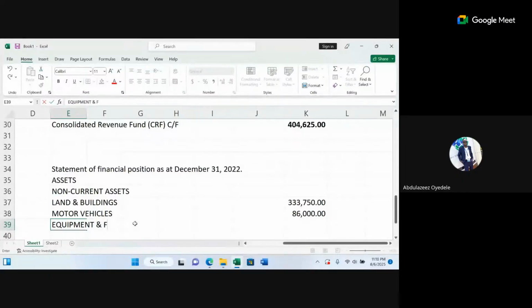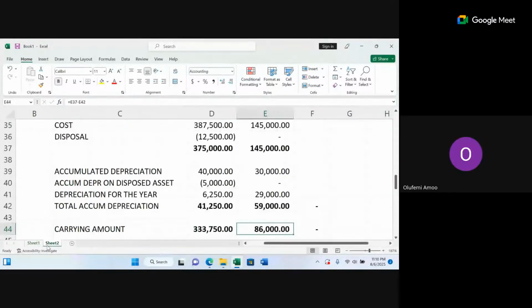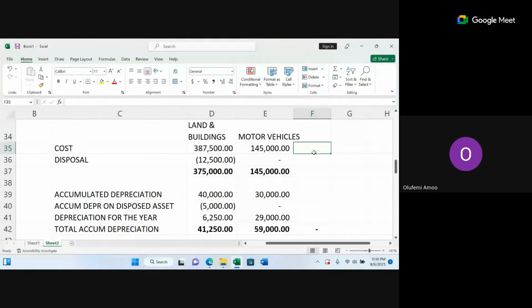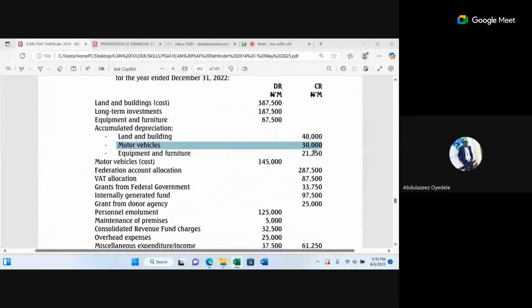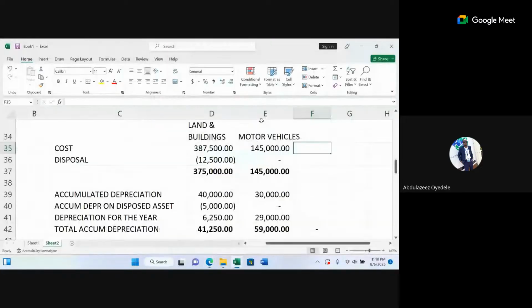Equipment and furniture for the cost. Okay, we have 67,500 as the cost of equipment and furniture. 67,500.